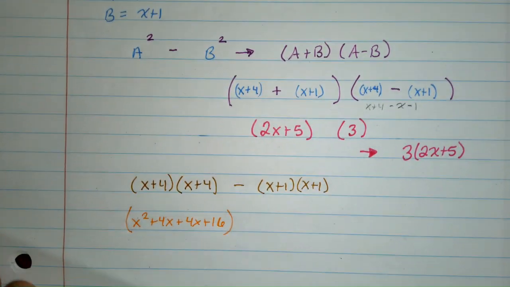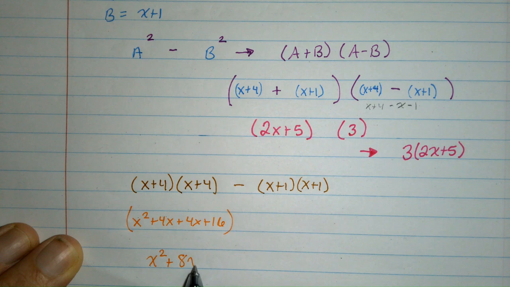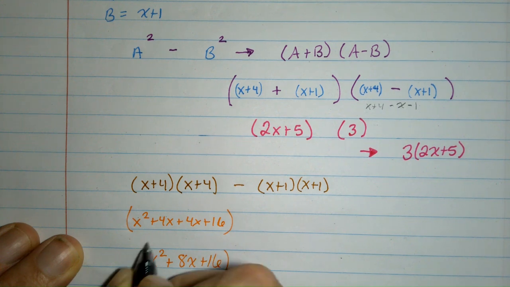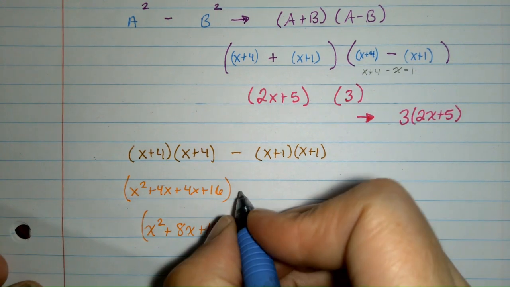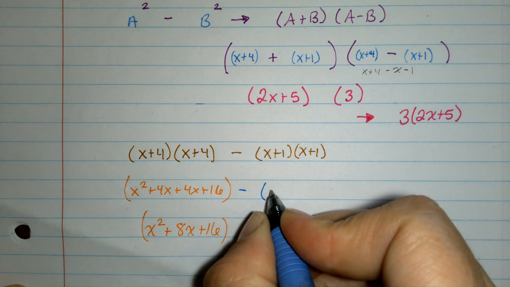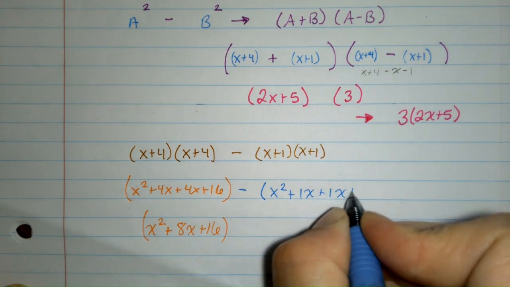Let me slide that up. Some of you might have just written x squared plus 16, but then you would have done that meme of hurting the puppies, and we all want to save the puppies, so don't make that mistake. Okay, I did that one in orange. I'll do the other one in light blue. So we have x squared plus 1x plus 1x plus 1.